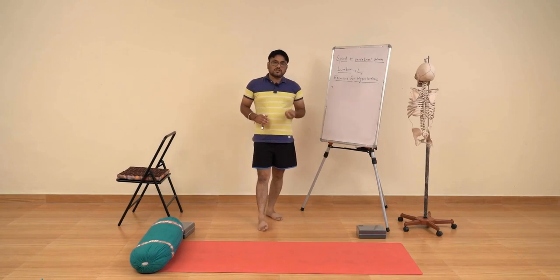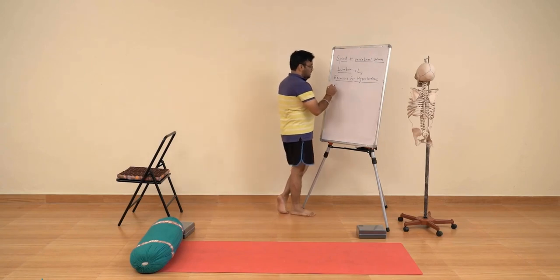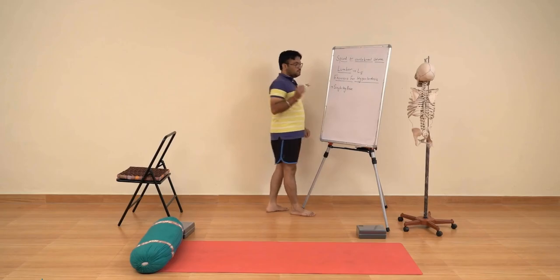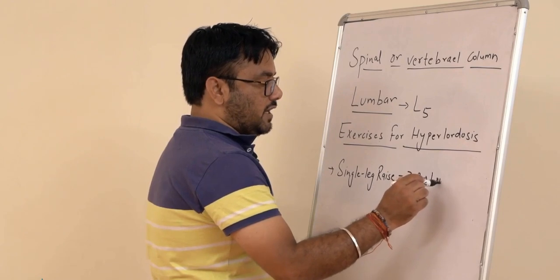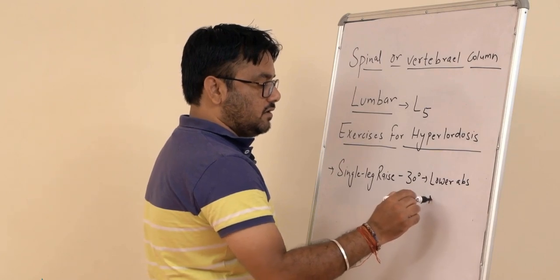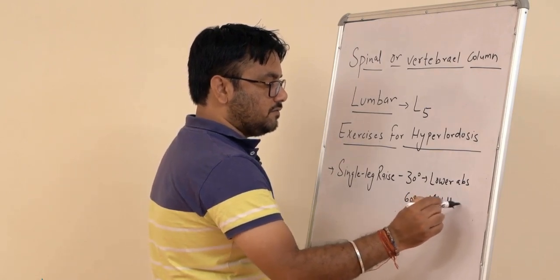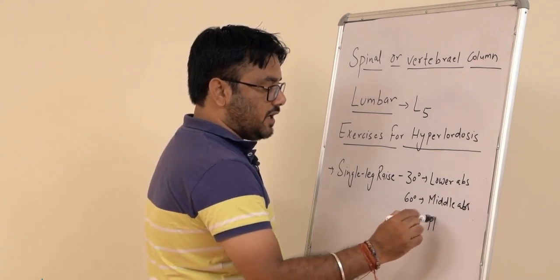So lower abdominals, middle abdominals and upper abdominals. Here we do the single leg raise. 30 degree for the lower abs, 60 degree for the middle abs, and 90 for the upper abs.